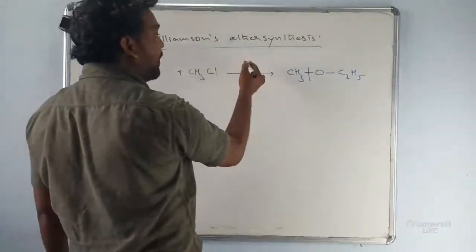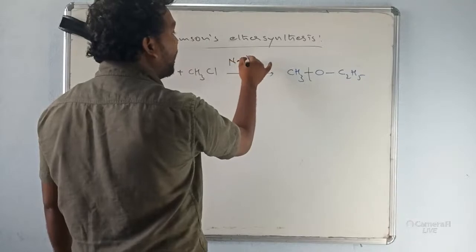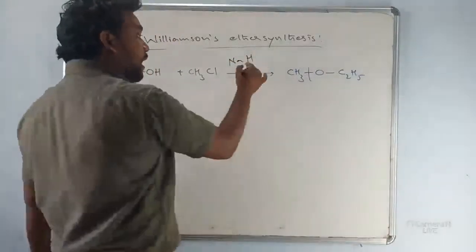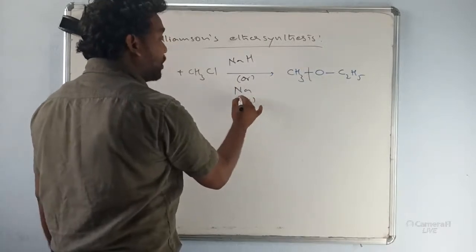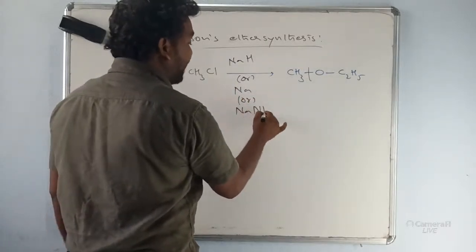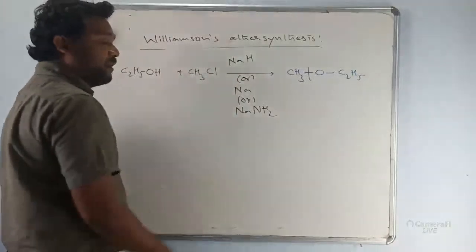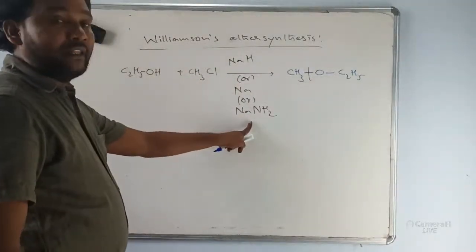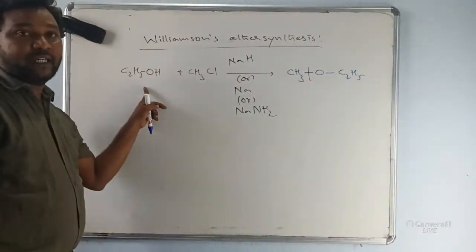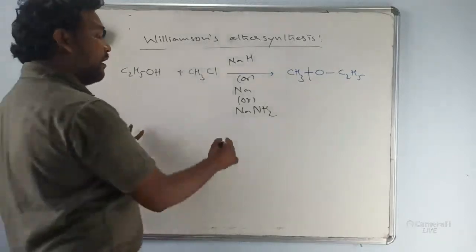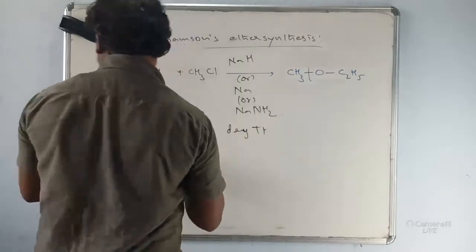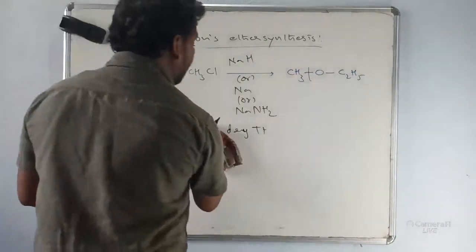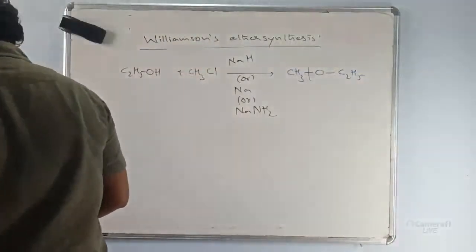You can use sodium hydride, or sodium metal directly, or sodamide. Any strong base or metal can produce the respective alkoxide from the alcohol. And dry THF is compulsory.